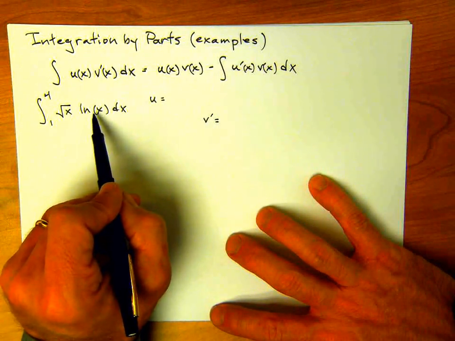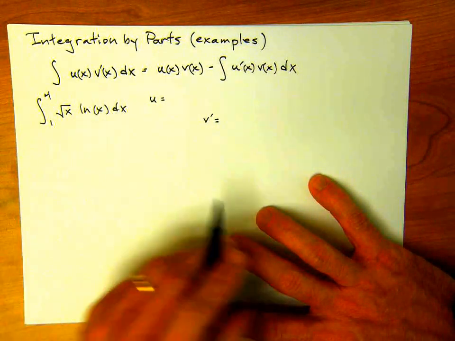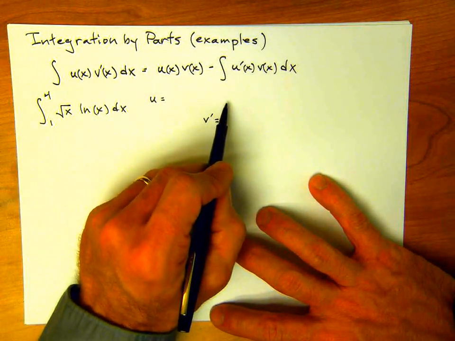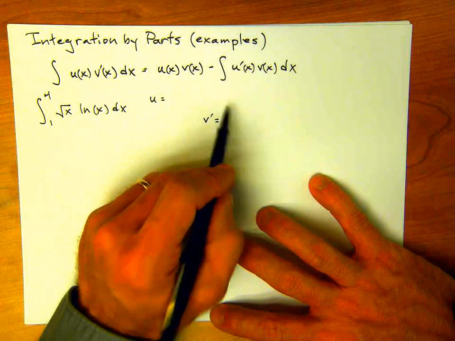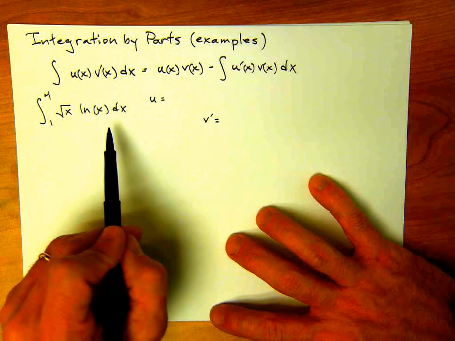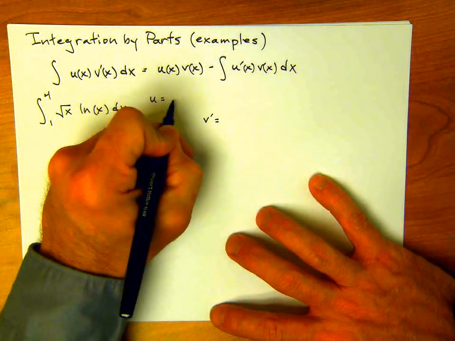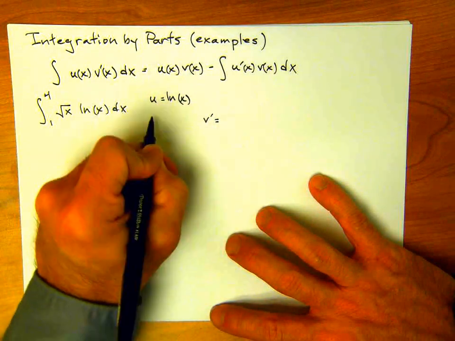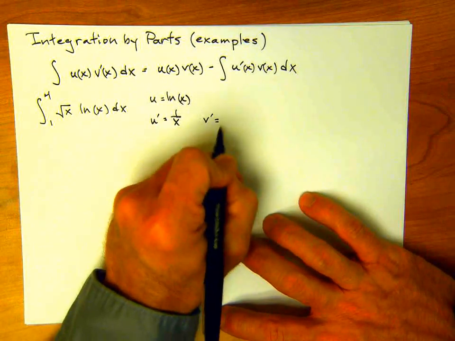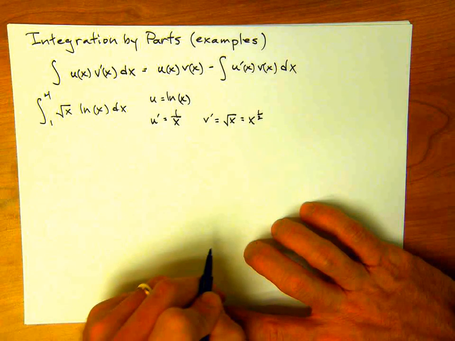Actually, we will find the antiderivative of natural log using integration by parts, but it doesn't have a simple antiderivative, it's a little bit more complicated than that. So that could be one clue. So let's let u equal natural log of x, because u prime is something we know, right? That's just 1 over x. And we'll let v equal the square root of x, which is the same as x to the 1/2.